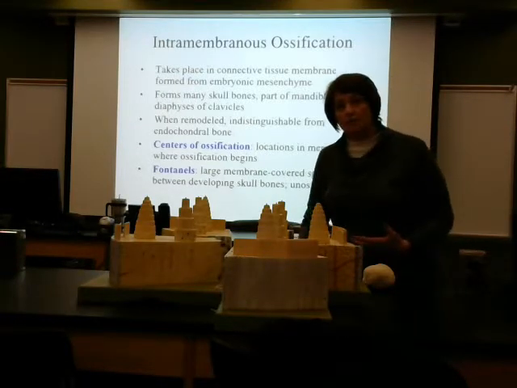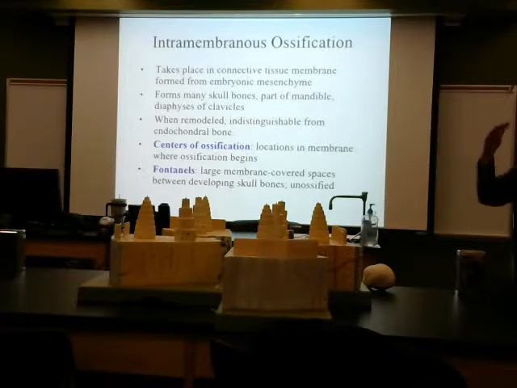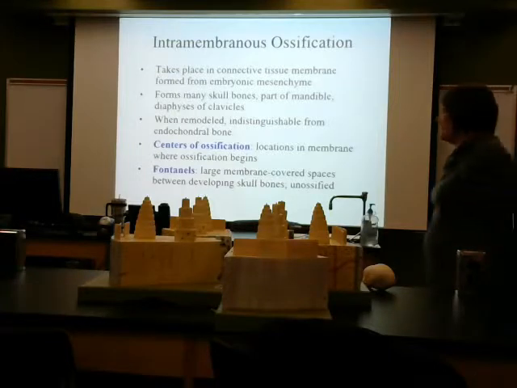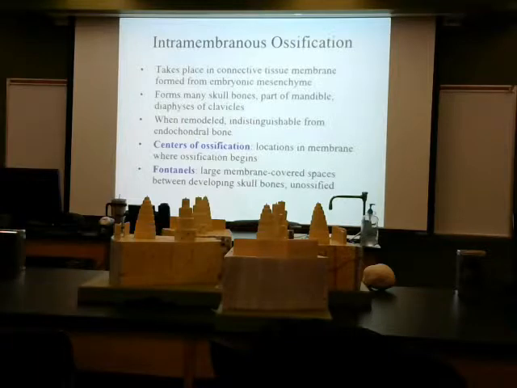So, intramembranous means that in between some of those connective tissue linings, there's going to be instructions to give rise to the bone. And there are going to be areas throughout development that have centers of ossification, and they can actually be seen.